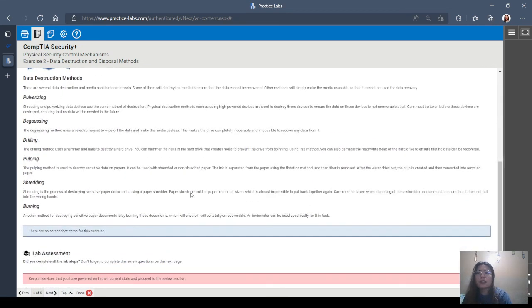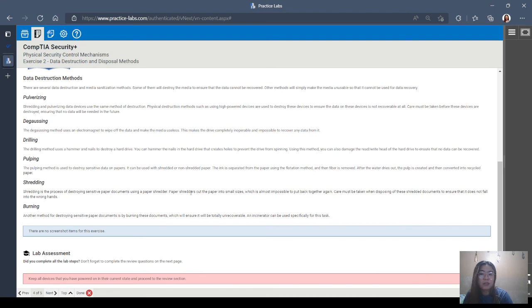Data destruction methods. There are several data destruction and media sanitation methods. Some of them will destroy the media to ensure that the data cannot be recovered. Other methods will simply make the media unusable so that it cannot be used for data recovery. Pulverizing, shredding, and pulverizing data devices use the same method of destruction.